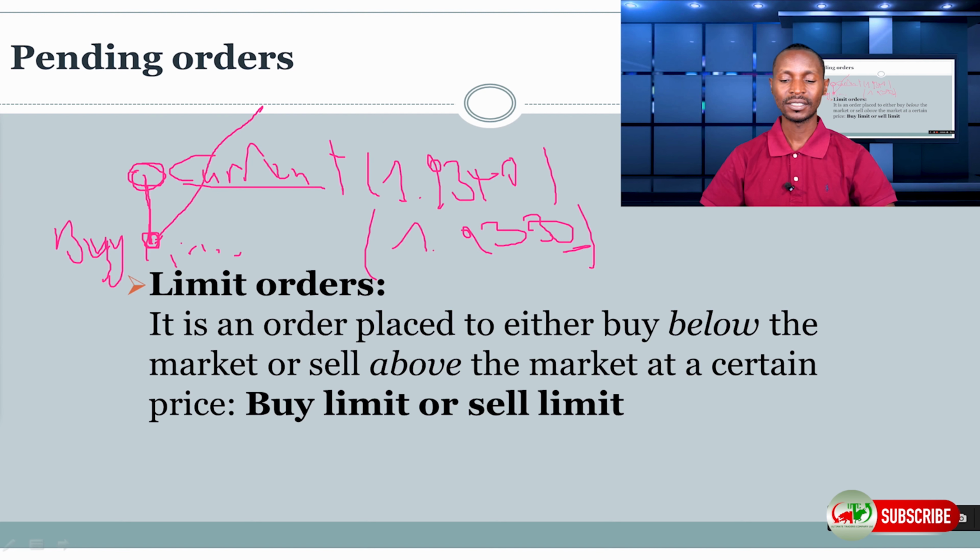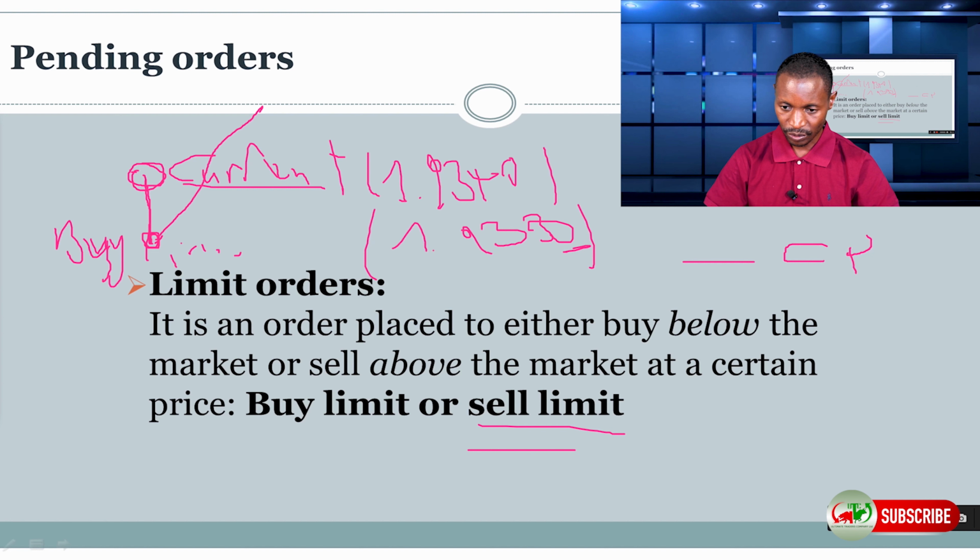For sell limit, this is the order executed in the market when we want to sell. Let's say you think the market will go down. Currently, the market is at this level, the current price.